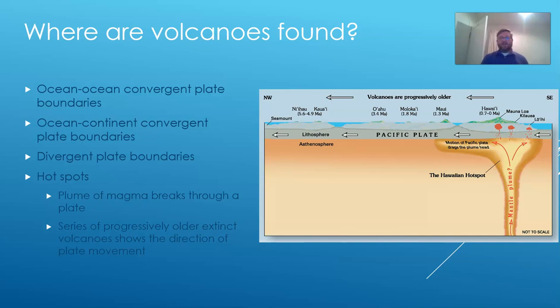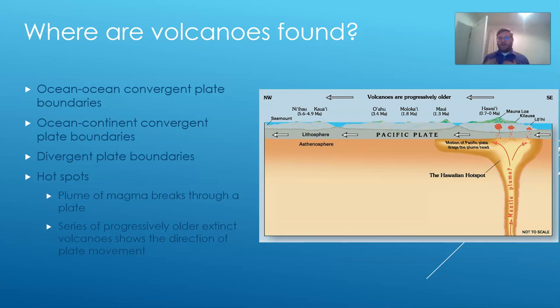The older they are, the farther they go from our hotspot. And that's just because all of those places were at one point in the past right over the hotspot, having volcanic eruptions, but then the plate dragged that old volcano off of the hotspot. New volcano forms. The old one gets pulled away and starts to erode down.